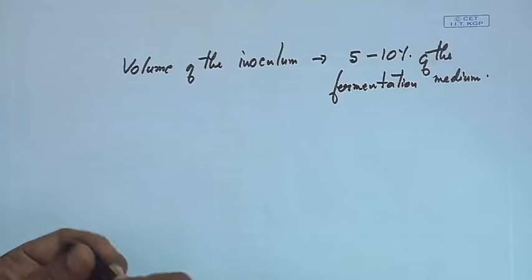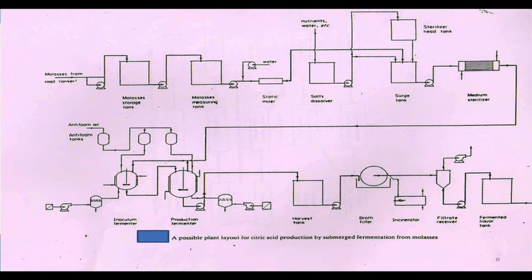At Citric Biochemicals where I worked, the capacity of this reactor was 200 cubic meters. So naturally the inoculum should be 10 to 20 cubic meters. Our size of the media was around, we found 14 cubic meters is good enough for this production fermenter.